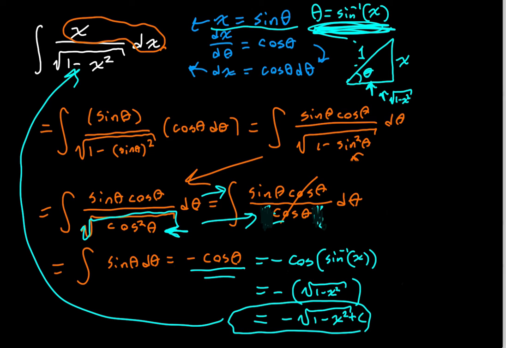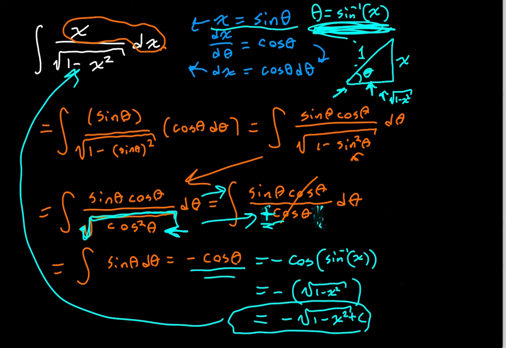So what I was saying before is that when we take the square root of cosine squared theta, in reality, we could say plus or minus cosine of theta here. That's not how this is being used, and that's because if you look at the triangle, this triangle just represents cosines.